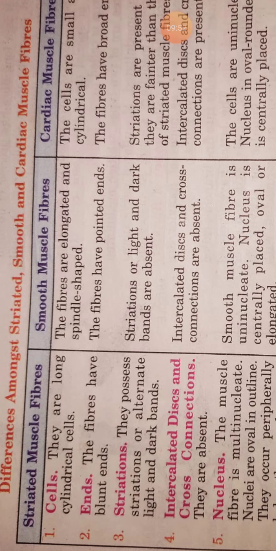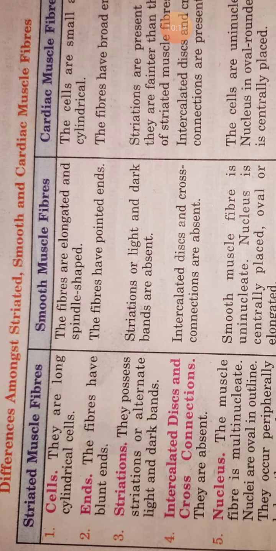The ends are blunt in striated, pointed in smooth, and broad in cardiac. Dark and light bands are present in striated muscles, absent in smooth muscles, and present but fainter in cardiac muscles.